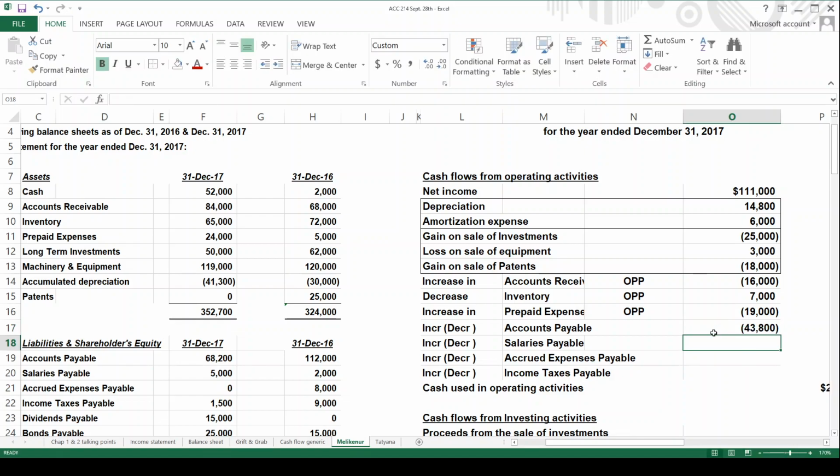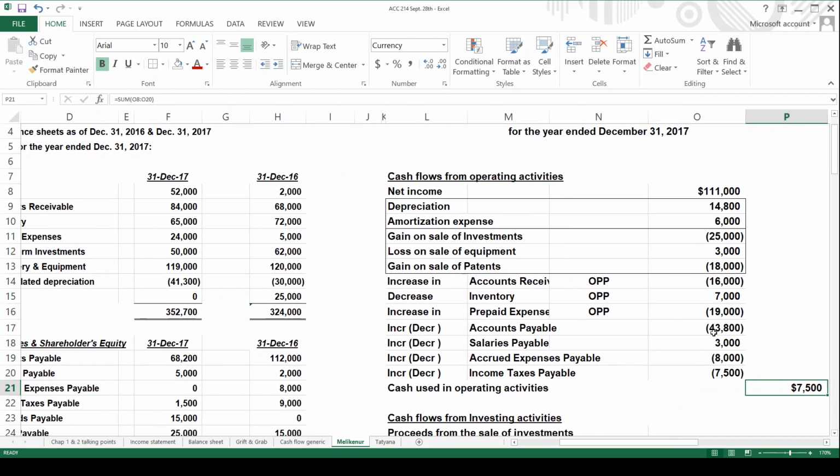You had to pay out cash to make that happen. So minus 43.8, same direction. Salaries payable plus 3,000. Accrued expenses payable minus 8,000. And income taxes payable, which is considered operating in this context, minus 7,500.